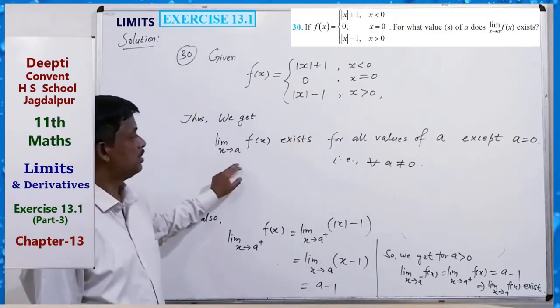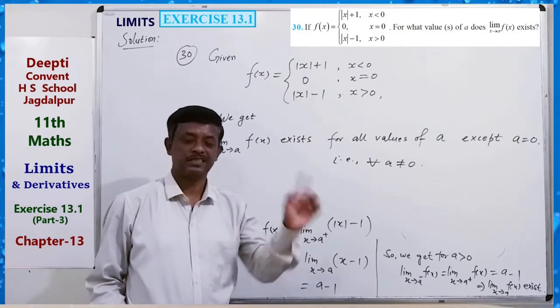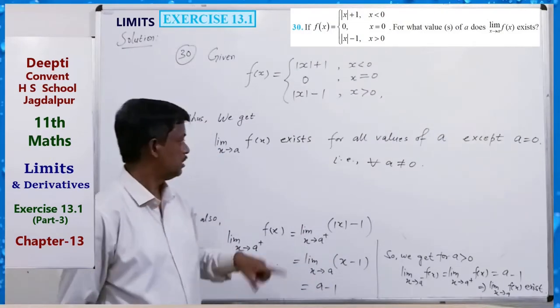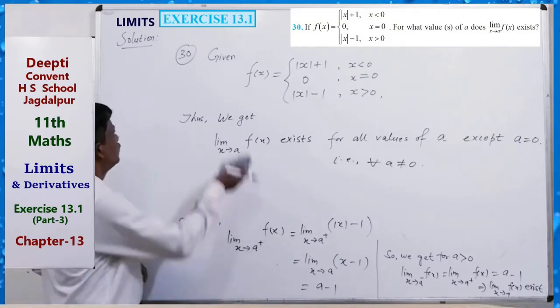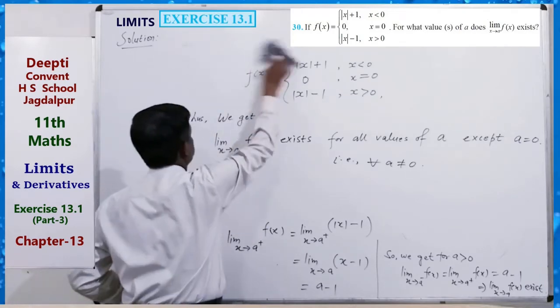So possible values of a are what? Except 0, all the values are possible for existence of this limit. Okay, so this is question 30.